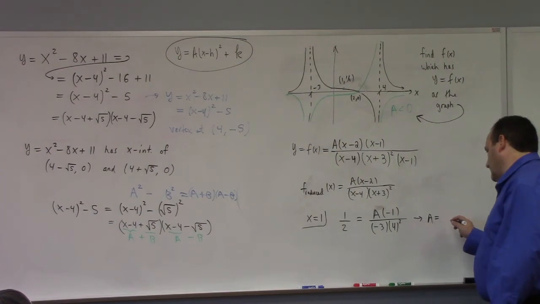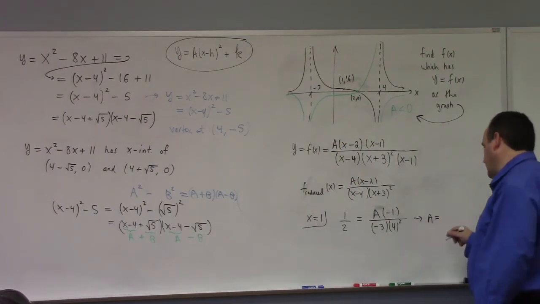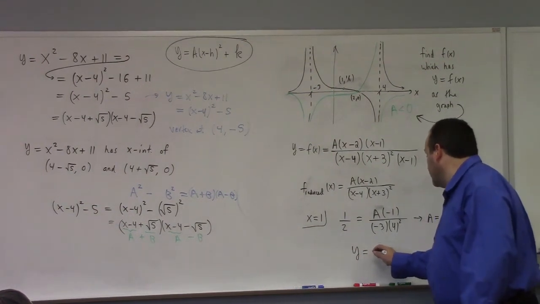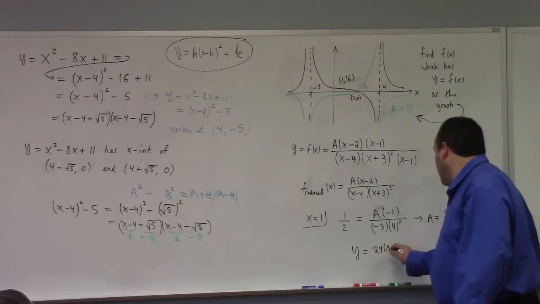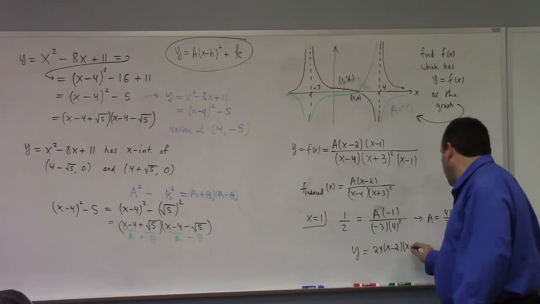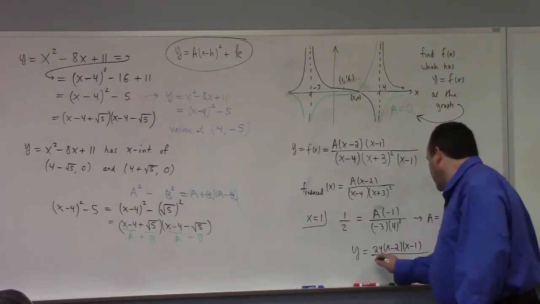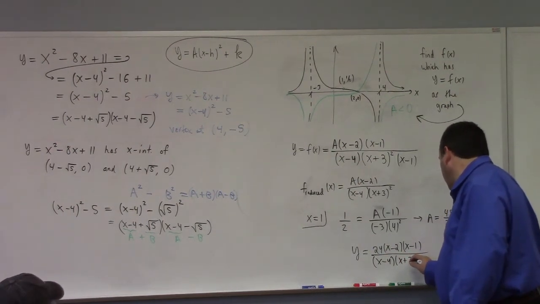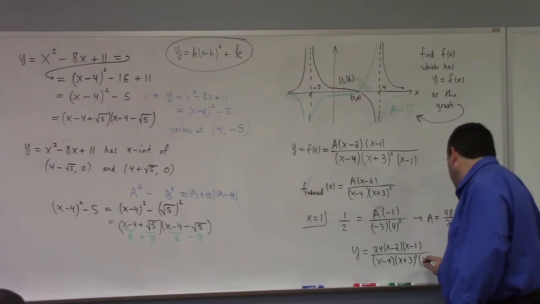Well, the minuses cancel, right? So I get 48 over 2, also known as 24. So there you go. y equals 24 times x minus 2 times x minus 1 over x minus 4 times x plus 3 quantity squared times x minus 1.